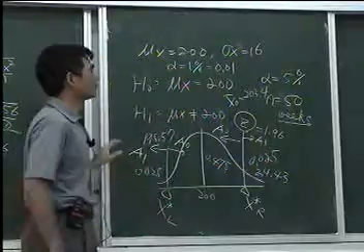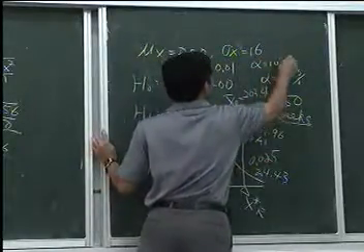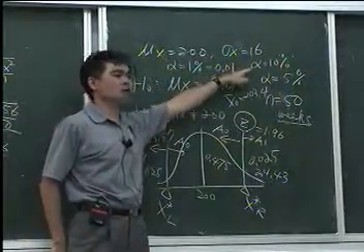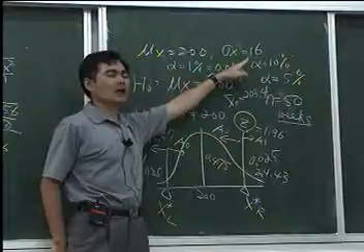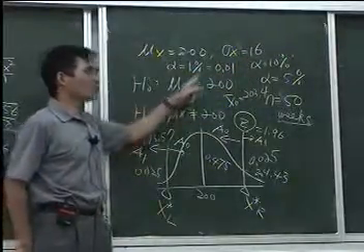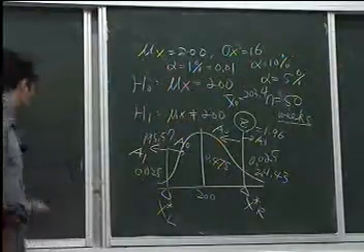But now let us say alpha is equal to 10%. Now we change the rule, we change the significance level. Will you make the same decision? We don't know. Let us try.